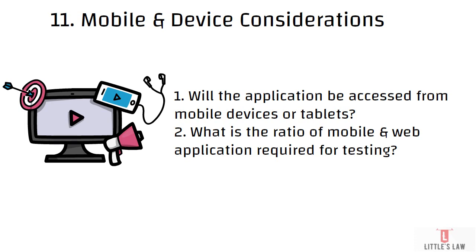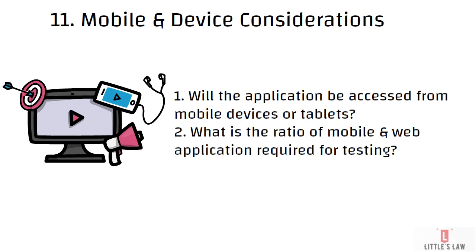And if it's mobile phones, are you going to distribute across Android, iPhone and other operating systems? You'll have to understand all these aspects, because this will help you with your scripting, and it will also help you distribute your load.